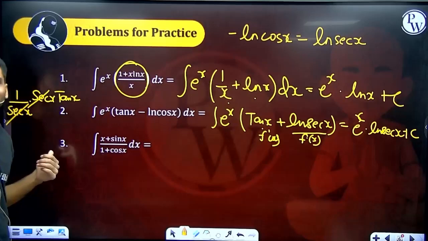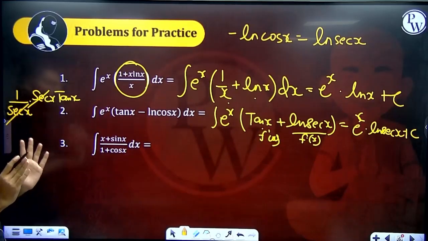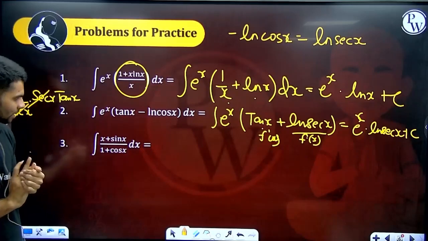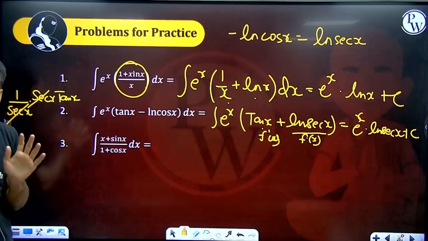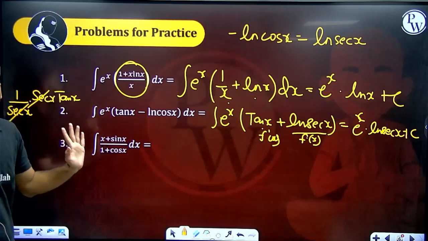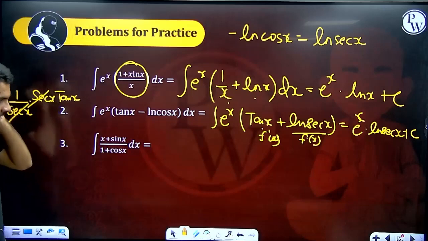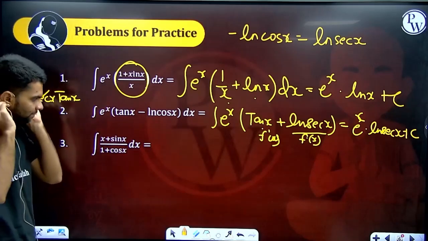Now third problem. I'll rate it as a moderate problem. Okay, solvable. One thing you must note that pattern number 1 will not be recognized here, pattern number 2 has to be recognized here, and then it has to be solved in that way.